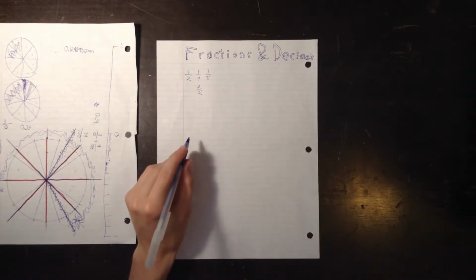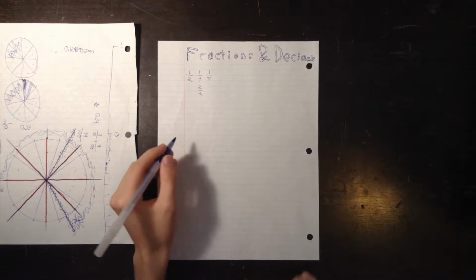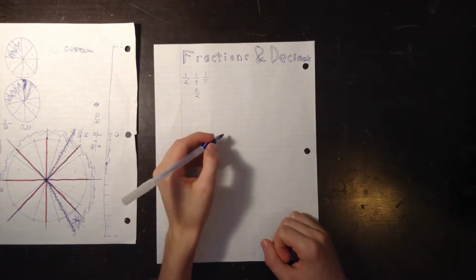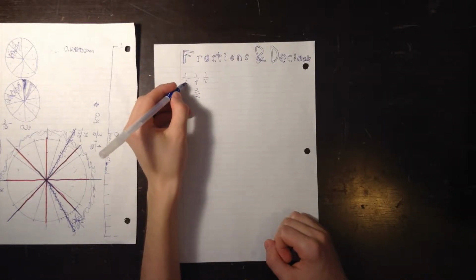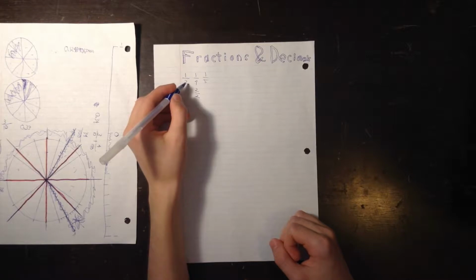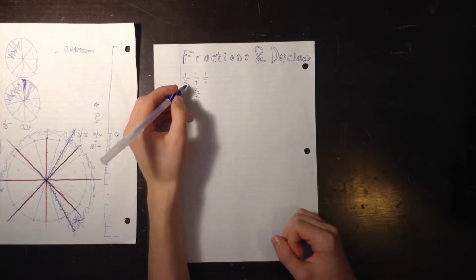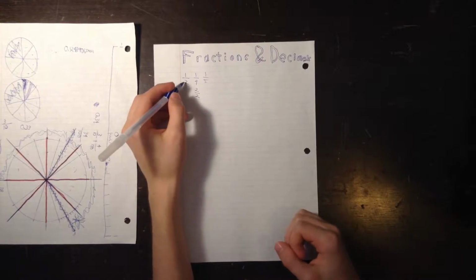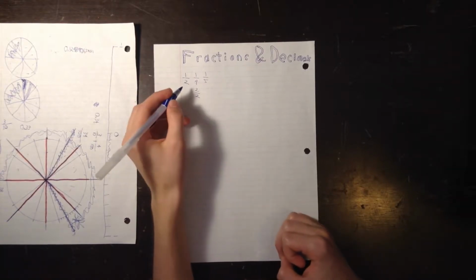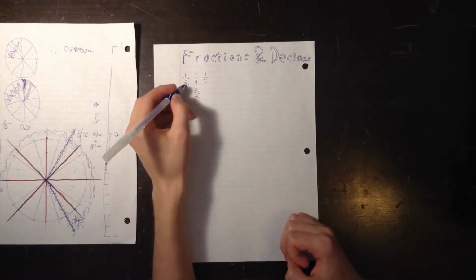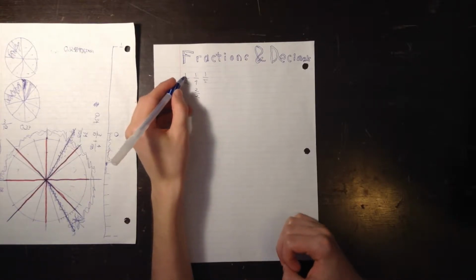Basically, a fraction is some number divided by some other number, some number over another number. So this one would be 1 divided by 2.